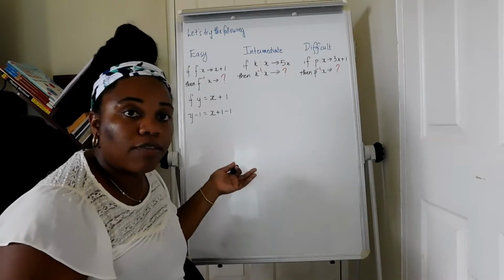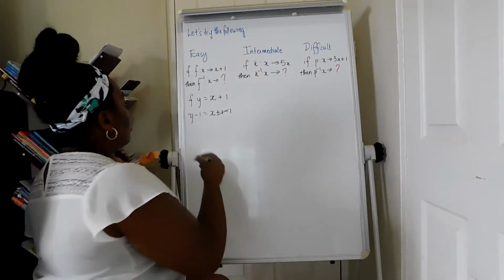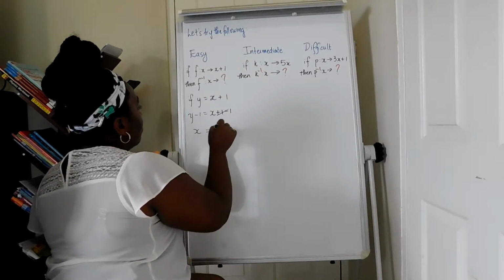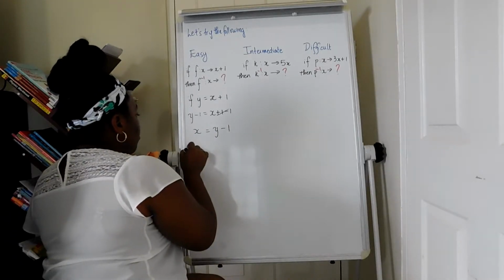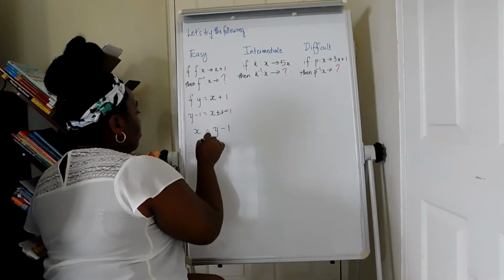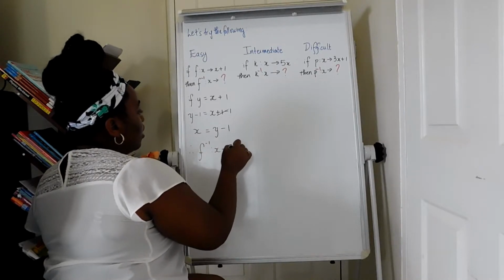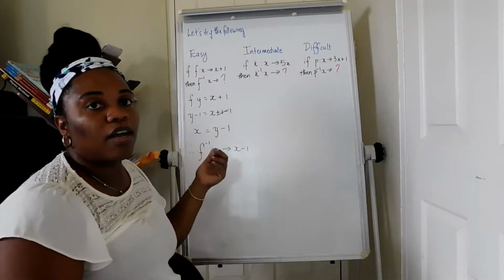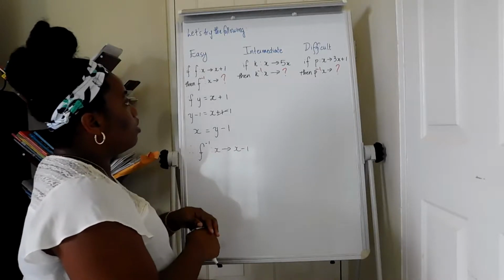You subtract it from itself. So cancel, and now we're left with x is equal to y minus 1. And therefore, the inverse of f of x would be x minus 1. Remember, we just remove the y and put an x in its place. I hope you got that one.